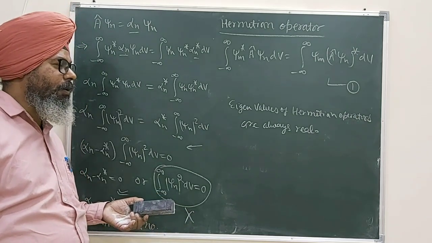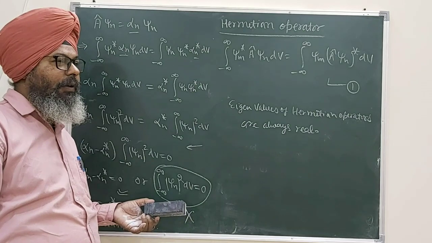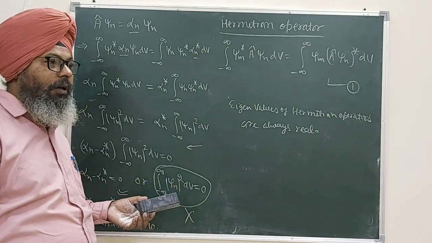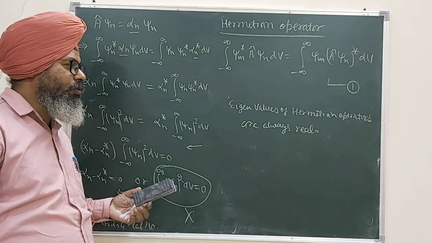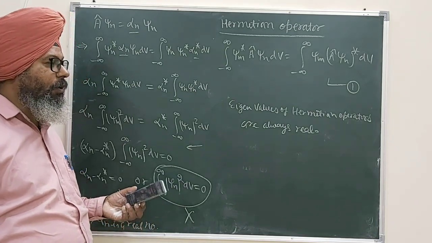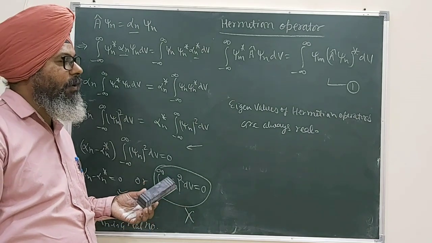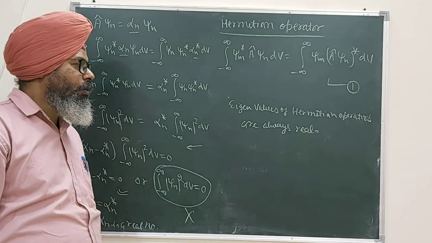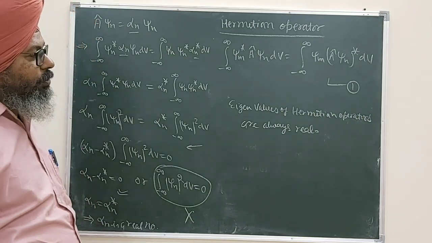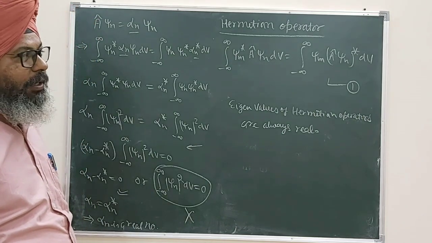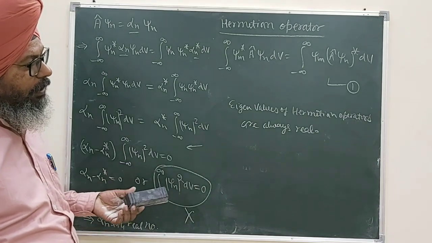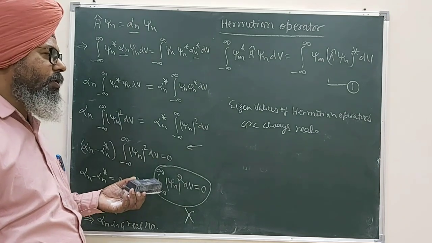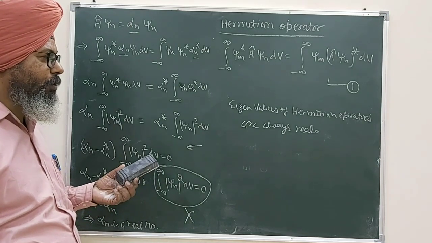So Hermitian operators will ensure that the eigenvalue problem that we are solving, which takes so much time on the computers, consumes a lot of energy of the computers, and kills a lot of time, because the problems are very difficult to handle with pen and copy. Therefore, if we use Hermitian operators, it will be ensured that the eigenvalues that we obtain after solving the eigenvalue problem will always be real. So this is the basic important property of Hermitian operators.